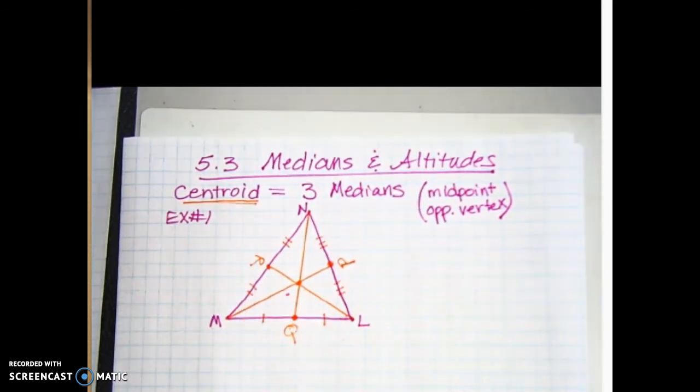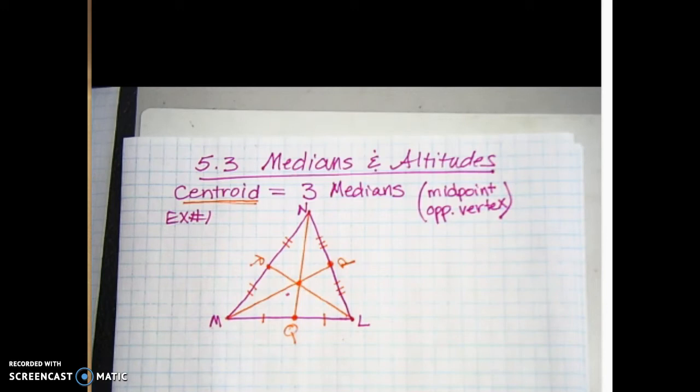That centroid creates a special relationship. If you look on your chart under Centroid, we wrote some special measurements. This one has a special ratio. Who can find the special ratio on their chart? There's a fraction there.